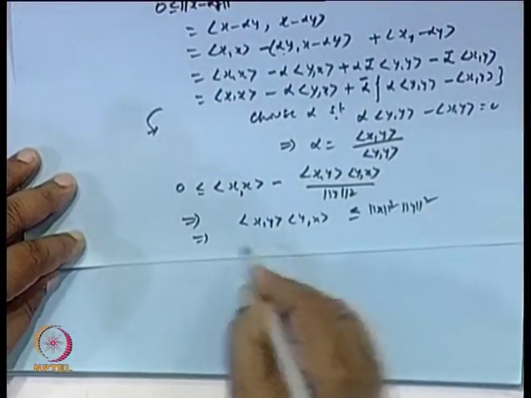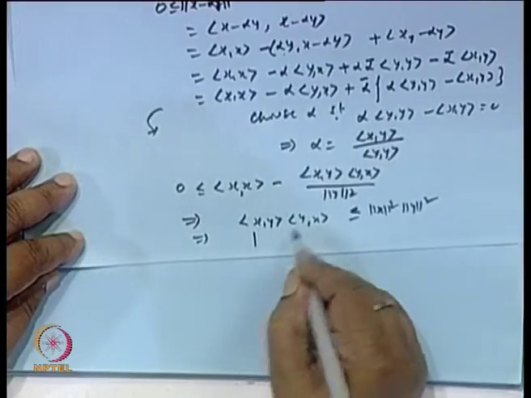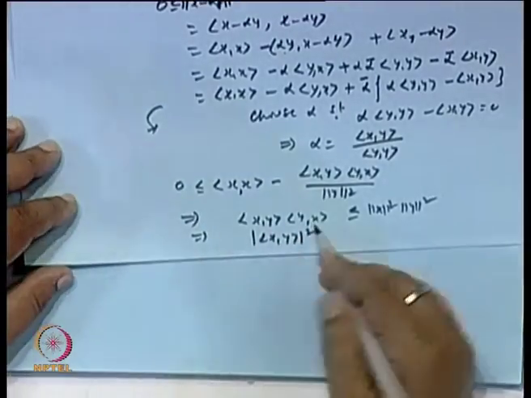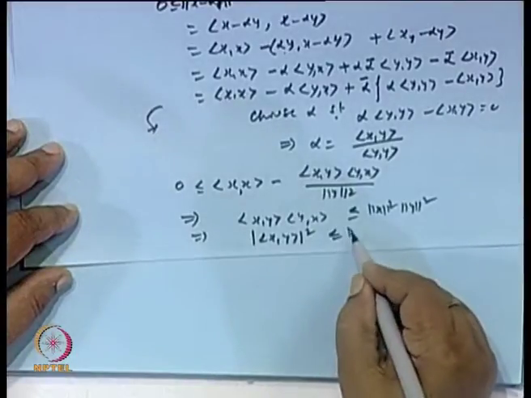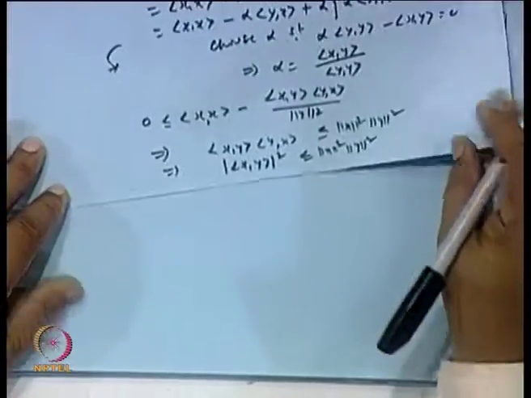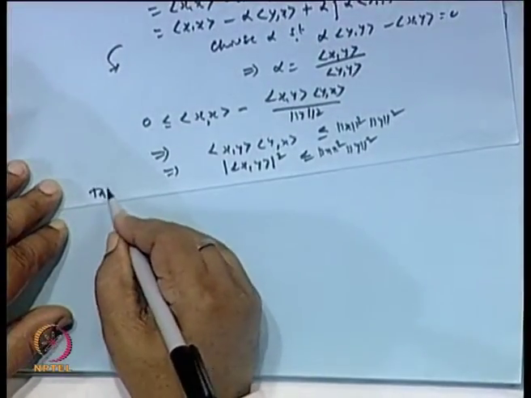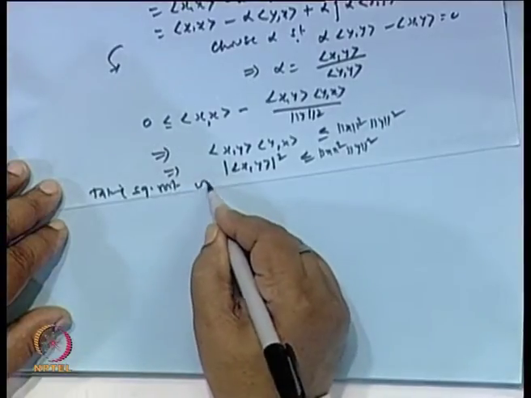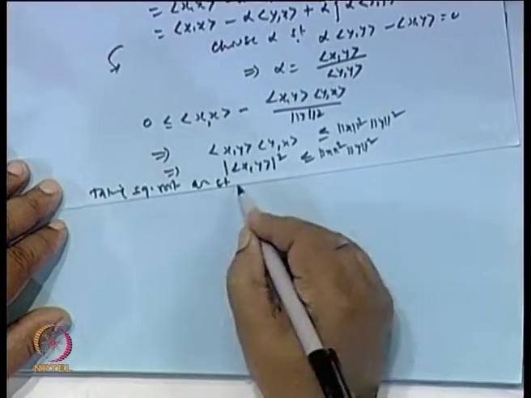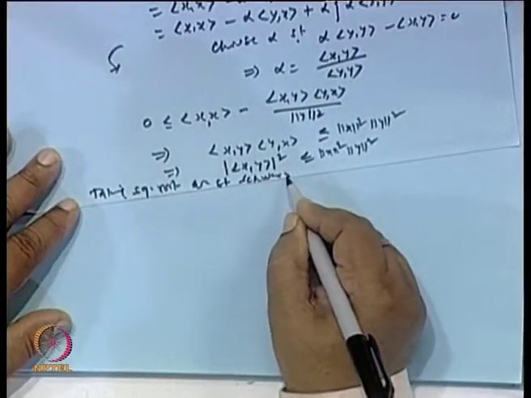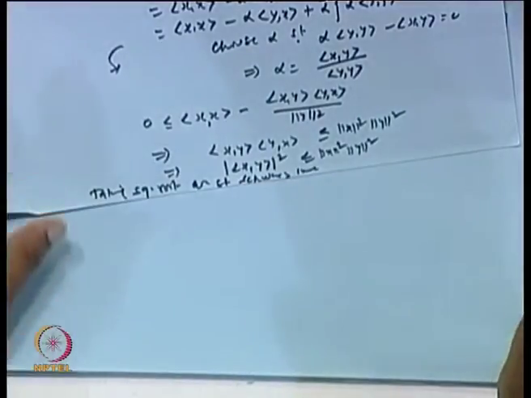So, we get from here modulus ⟨x, y⟩ times its conjugate means mod ⟨x, y⟩ square is less than or equal to norm x square norm y square. So, taking the square root, we get the Schwarz inequality. Okay, that's clear.